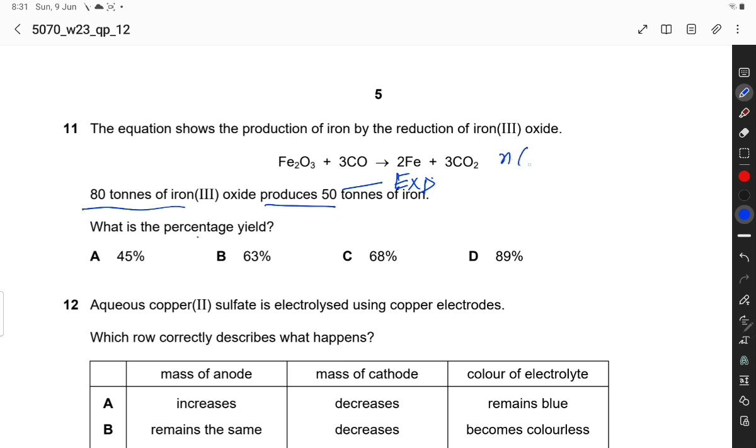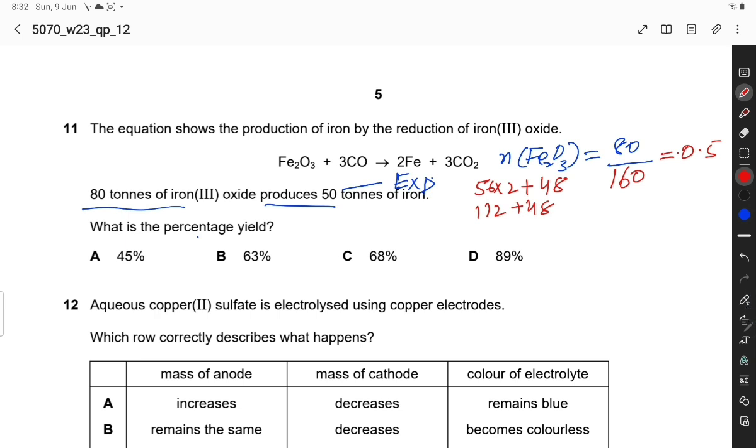First find out mole of Fe2O3 is equal to 80 divided by Mr, 56 into 2 plus 48, 112 plus 48, this is 160. 80 divided by 160 is equal to 0.5.